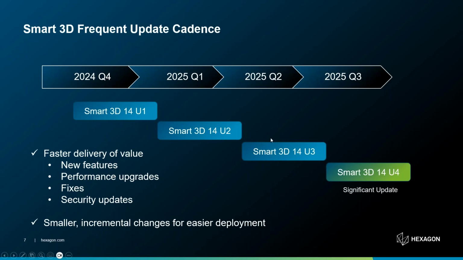The goal of these updates is to bring innovation and new features, performance upgrades, fixes, and security updates more quickly, in smaller increments with less risk and less disruption, especially in an industry like ours that values stability. No more than once a year, we would do a significant update, which might require an upgrade or a database consolidation.